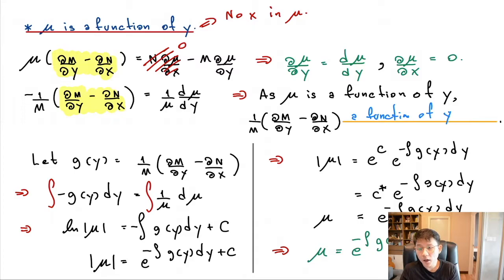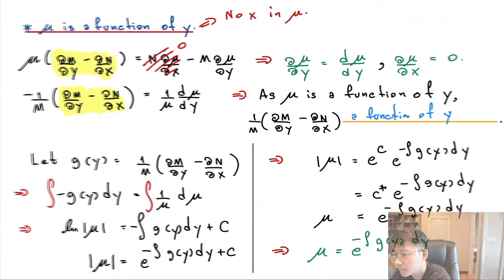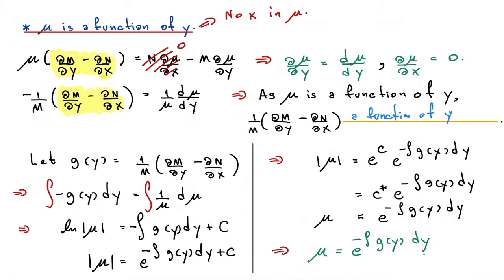So we get log absolute mu. Same thing. And here we have minus the integral of gy dy plus c. And then we exponentiate. We get the same. And again, I remove this absolute value.